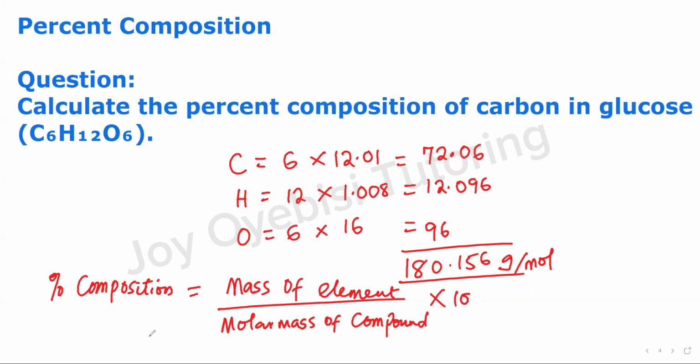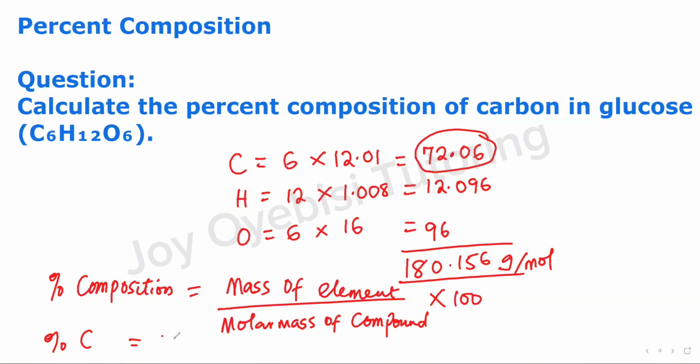Okay, so in this case, the percent carbon would be equal to the mass of carbon, the total mass in that compound, not just the atomic mass in the periodic table, but the total mass. You've included the total number of carbon, which is 6, in that calculation.